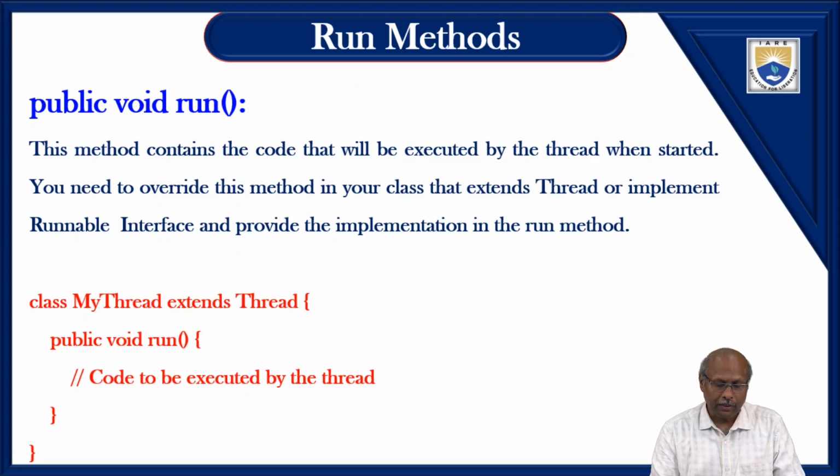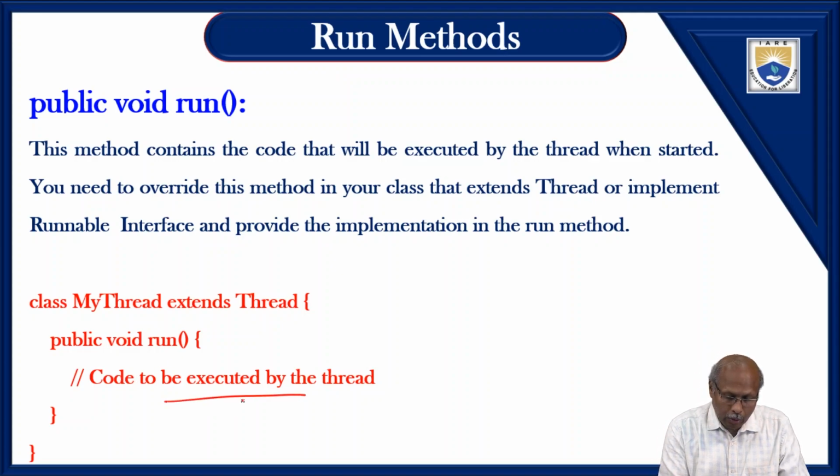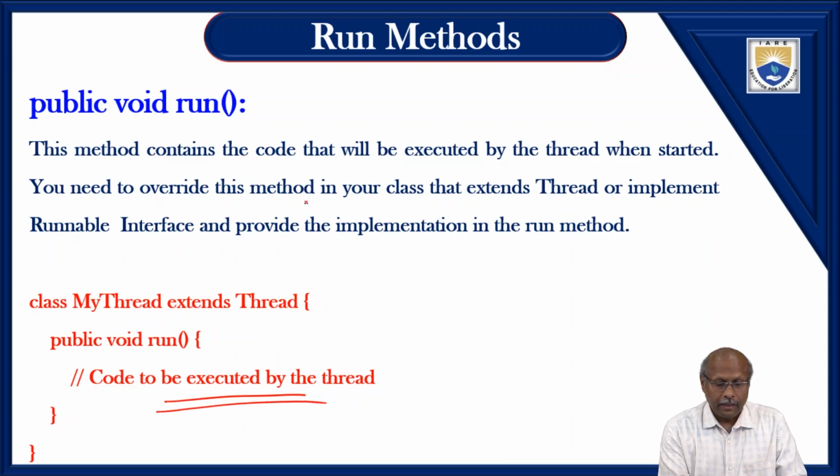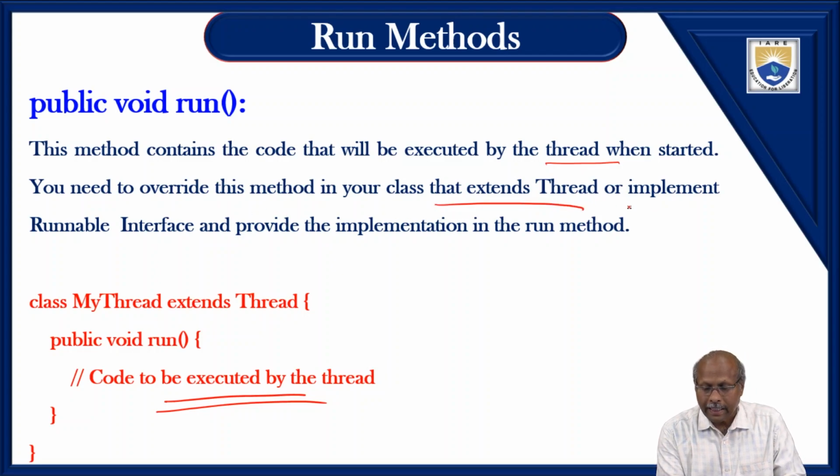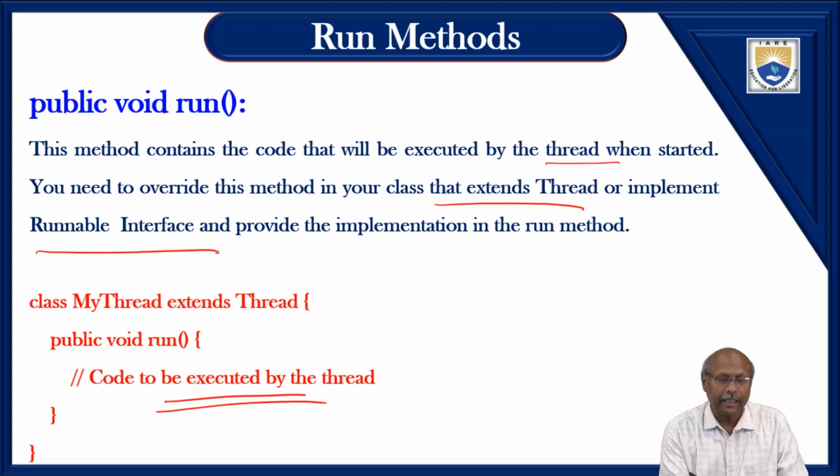Next, the run method. The run method allows you to write the code to be executed by the thread. This method contains the code executed by the thread when started. You need to override this method when the class extends Thread or implements the Runnable interface.